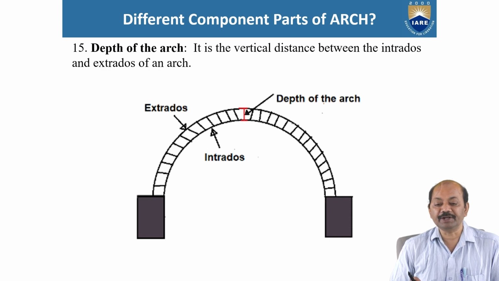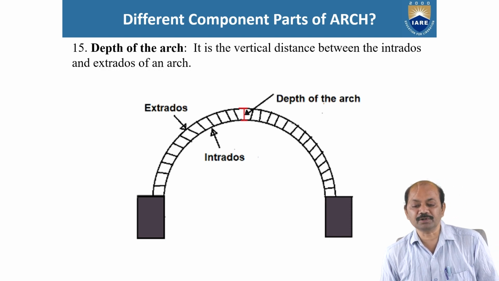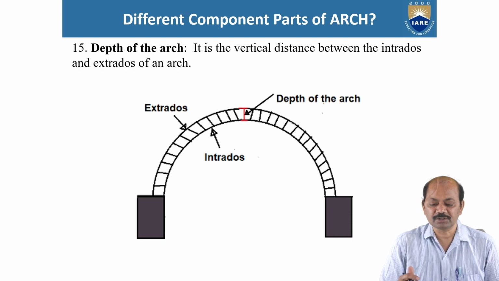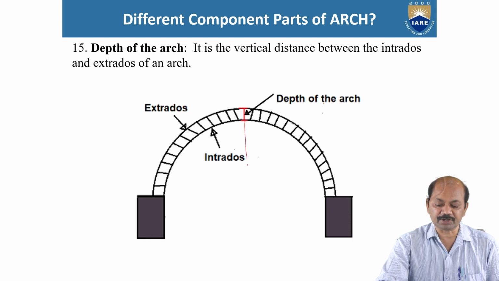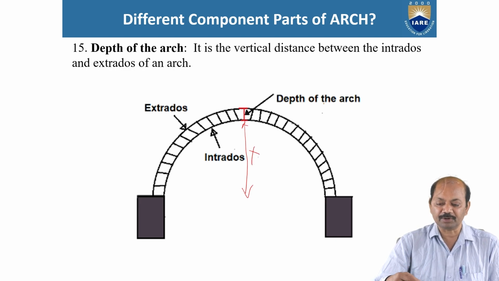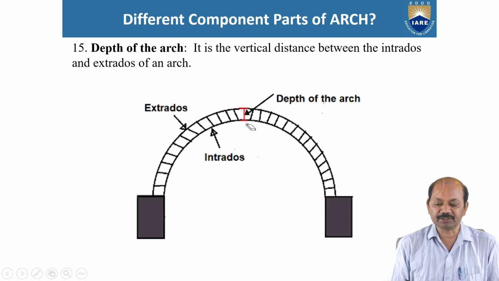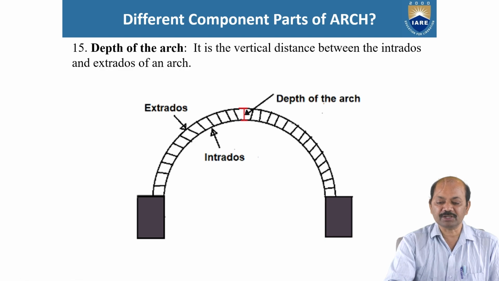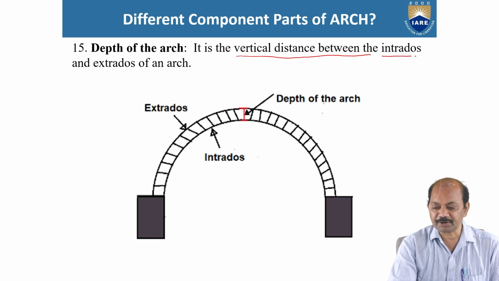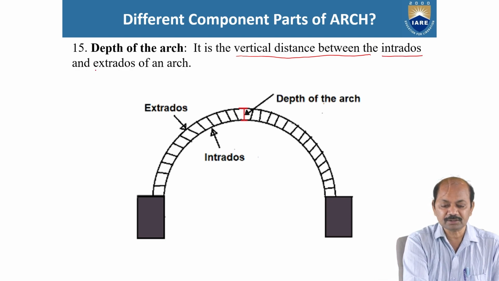Now, depth of arch. Students used to get confused. This is not the depth of arch. Usually they may think this is the depth of arch. See the figure? What is the depth of arch? It is the vertical distance between the intrados and extrados.